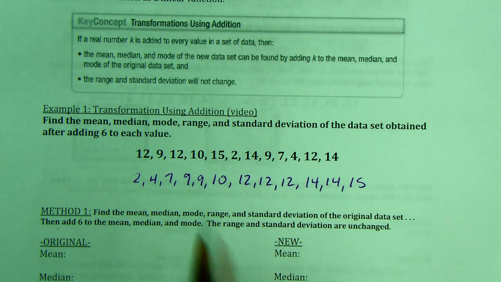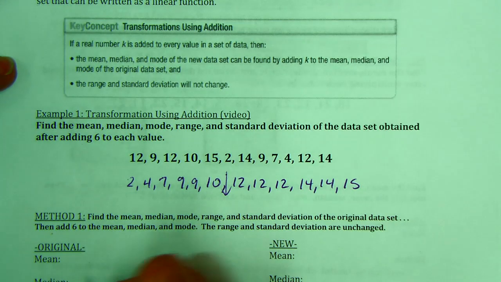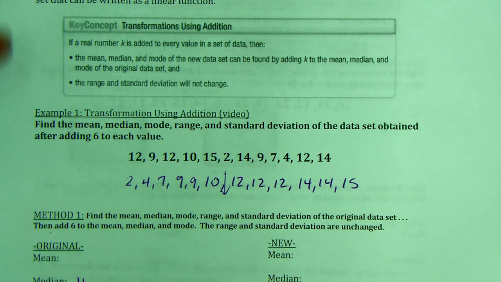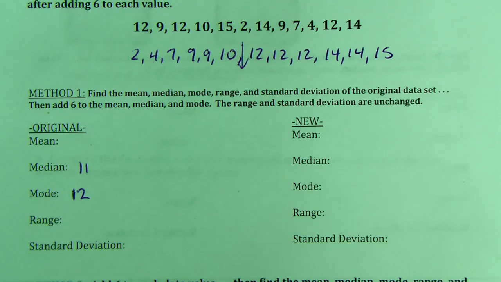My mode is going to be 12 because that's the one I have the most of. The mean, you're going to have to punch that in and calculate it, so plug those into your iPad. And I can do my range though: 15 minus 2 is going to be 13.